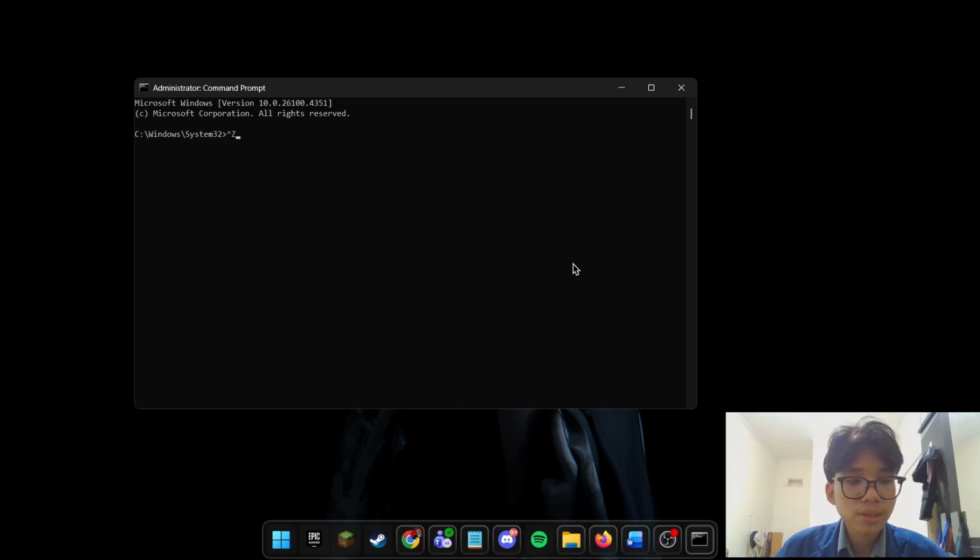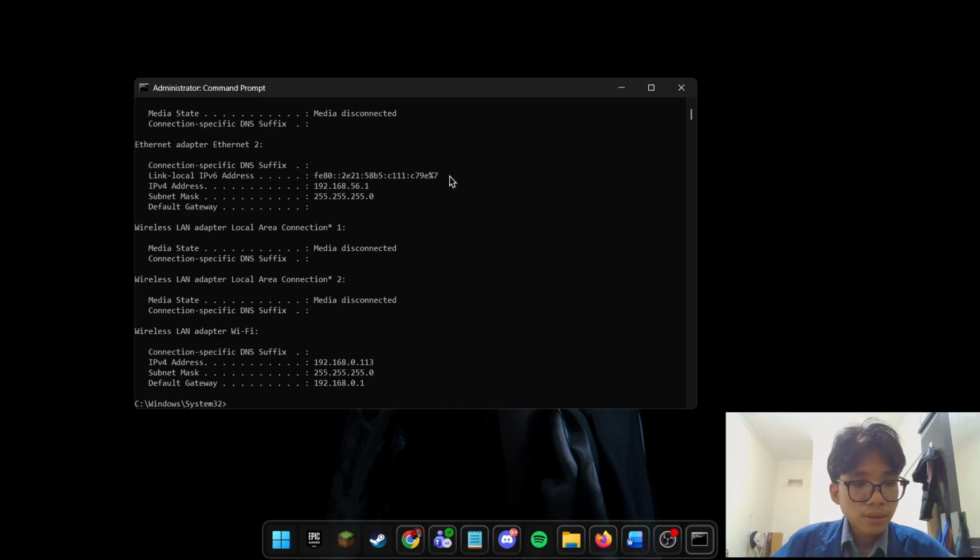Before performing any scanning process, I first identified my network configuration using the ipconfig command. From this step, I obtained important information such as my IP address, subnet mask, and default gateway.